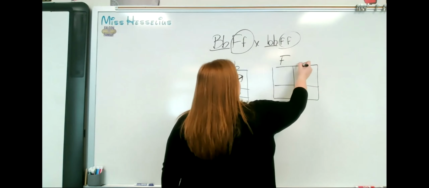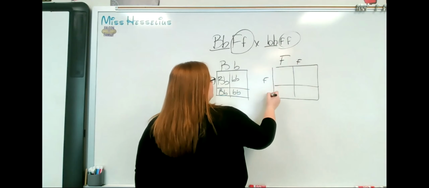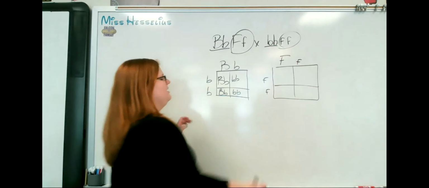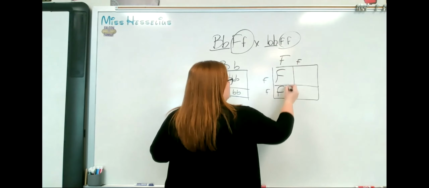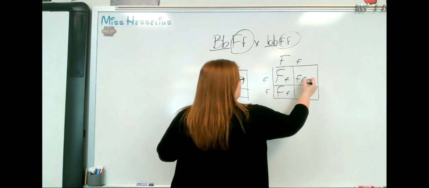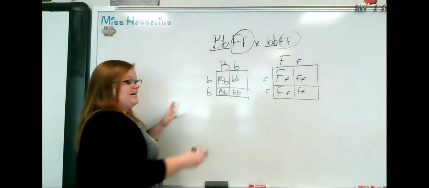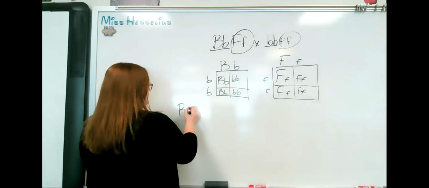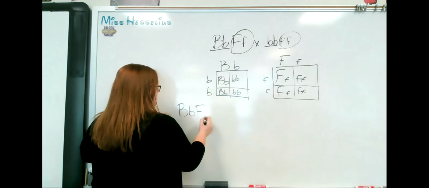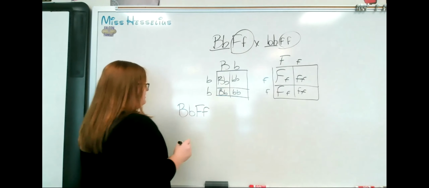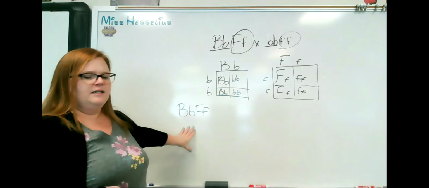Big F, little f, little f, little f, for that trait. Okay. When you fill that in, you get big, big, little, little. Okay. So the question asked us, what's the probability of getting this genotype, heterozygous for both traits?